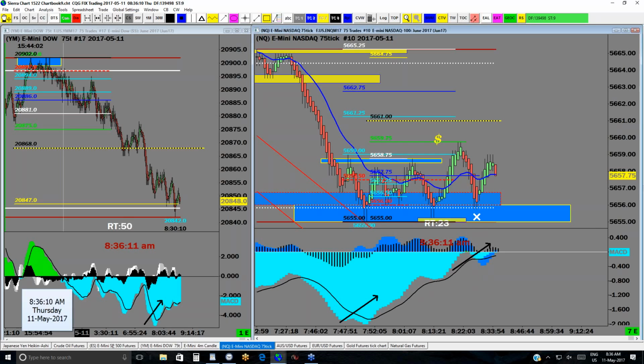So we're looking for some green to appear above the white horizontal on the MACD. So the giveaway here is this will turn green. There it is. We want to see some follow through.